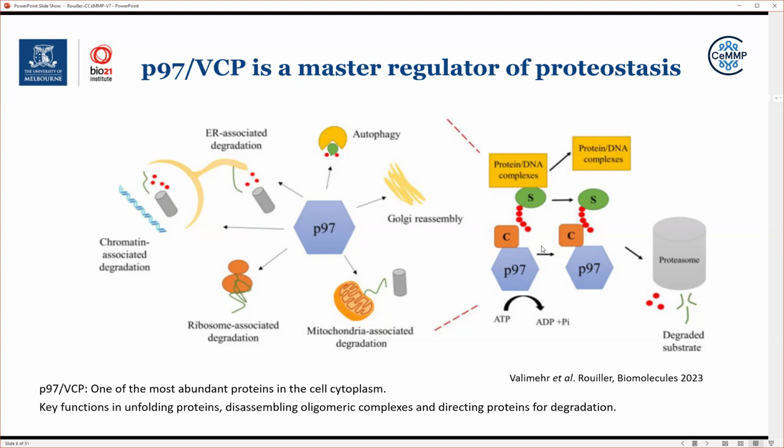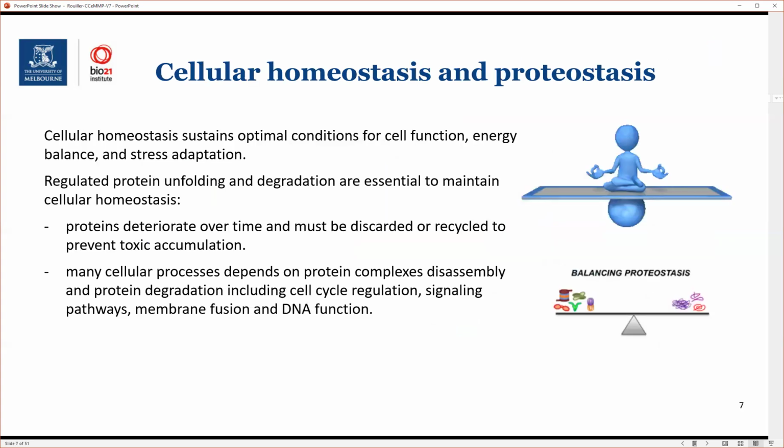Some of these dissociated proteins, but not all, are then degraded by the proteasome. And some of these proteins being dissociated or degraded are recognized thanks to their ubiquitin signature, but again, not all.